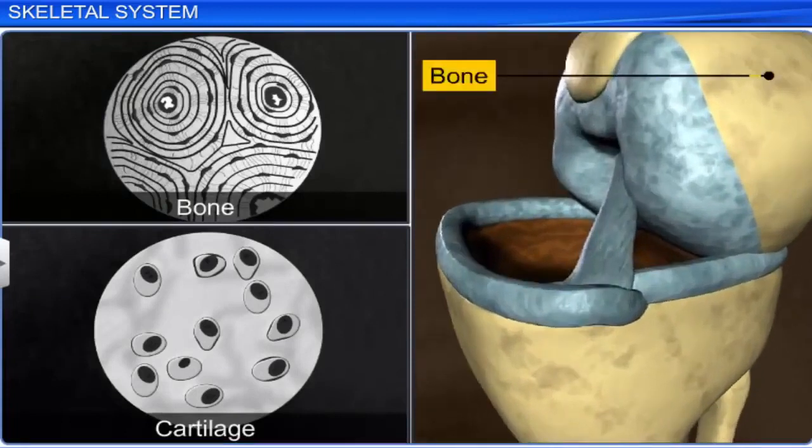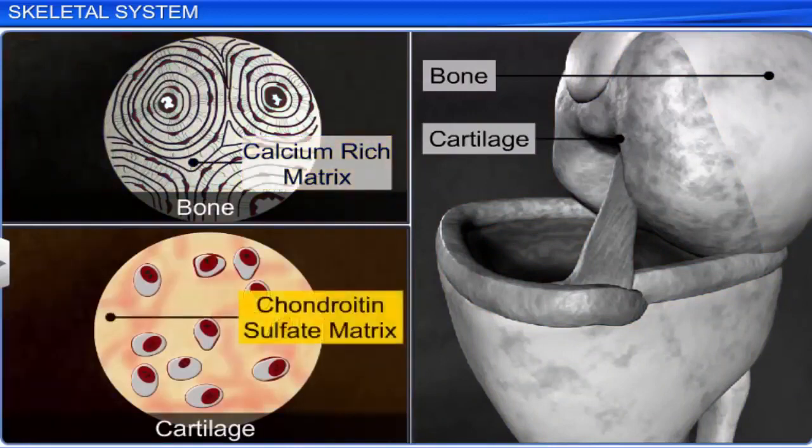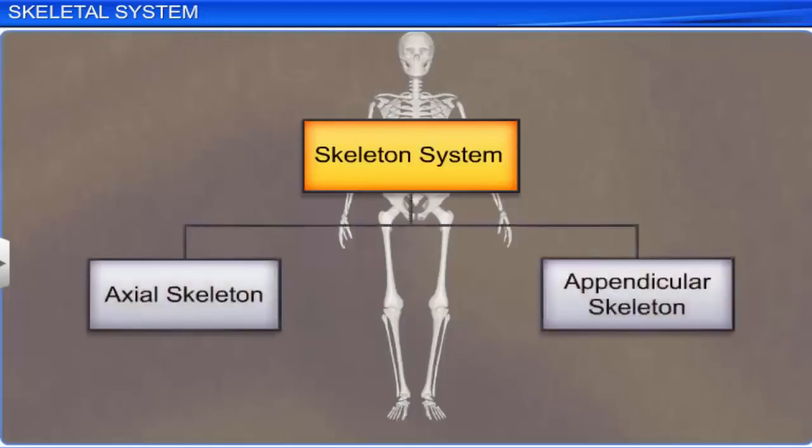Both bone and cartilage are specialized connective tissues. However, bone has a hard, non-pliable matrix due to the presence of rich calcium salts, while cartilage has a pliable matrix due to chondroitin salts. The skeletal system has two main divisions, the axial and the appendicular skeleton.